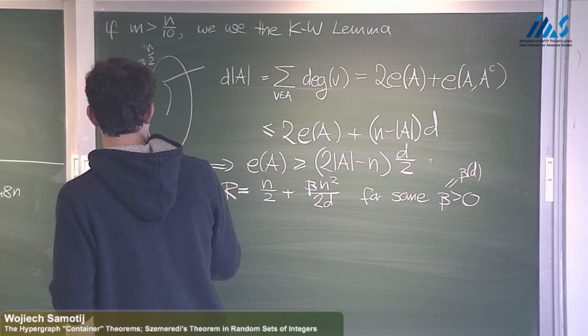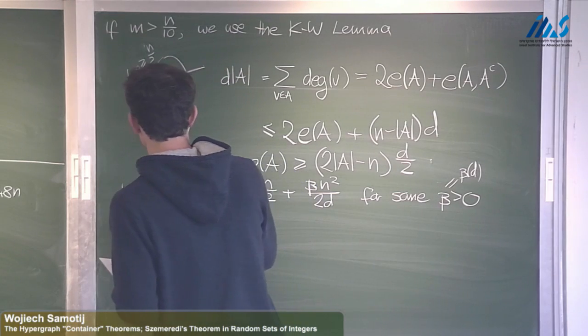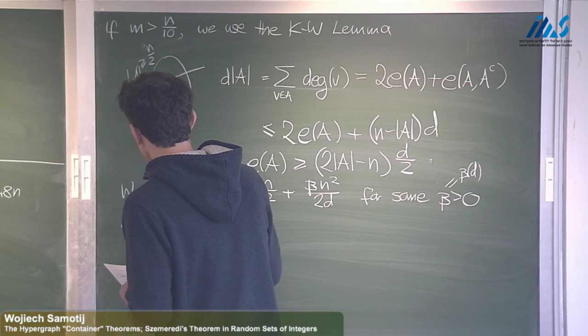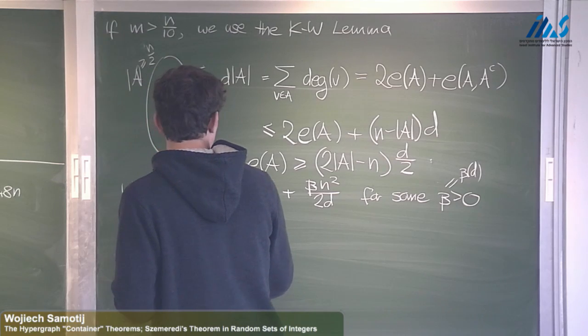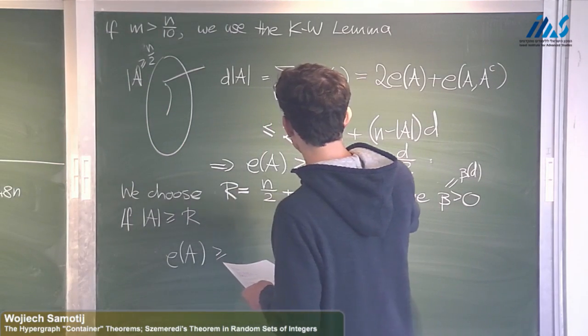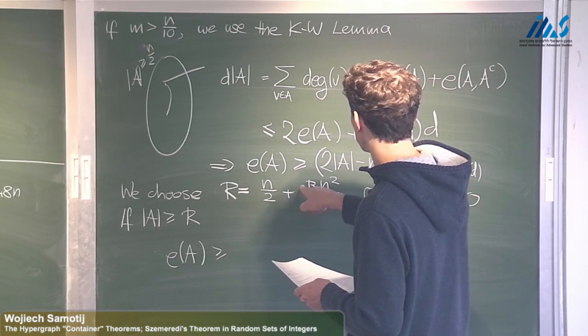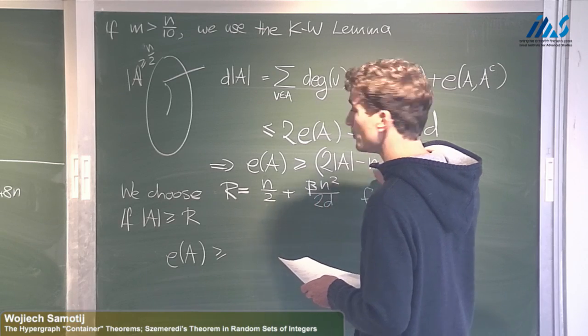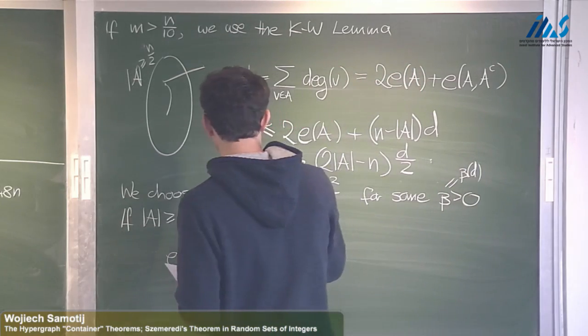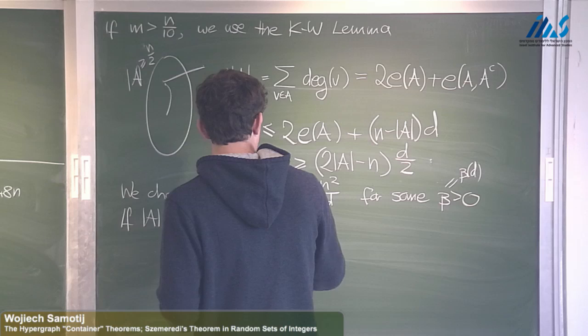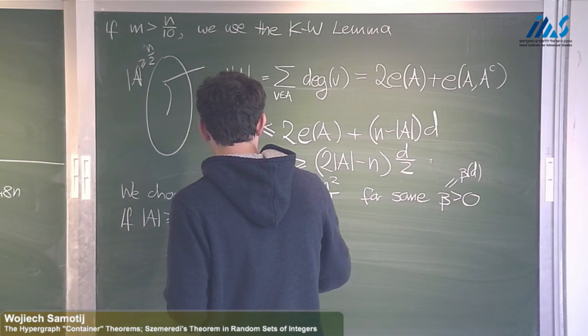A has size at least R, then the number of edges in A is at least twice R minus n, so this n over 2 is cancelled. It's just beta n squared over D times D over 2. So this is at least beta n squared over 2D.